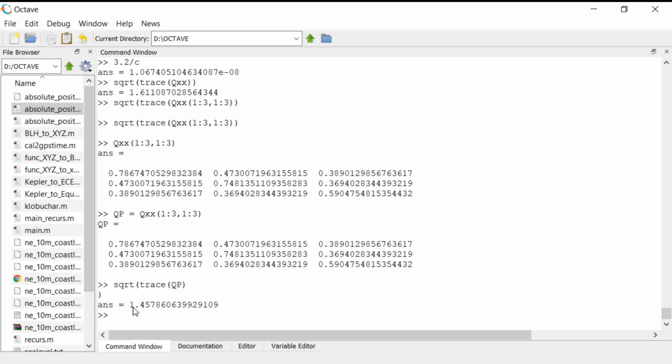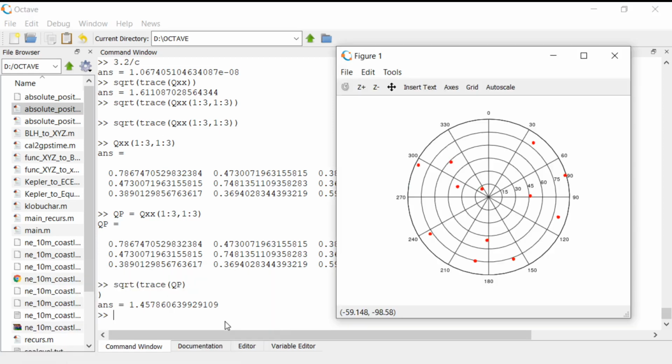So these numbers should not exceed 3. What is the explanation for this? If the satellites are distributed across the horizon, you will get smaller values of this dilution of precision.